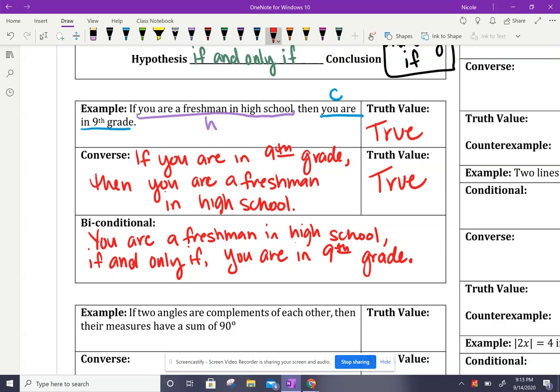So that is our true biconditional. You are a freshman in high school if and only if you are in 9th grade.